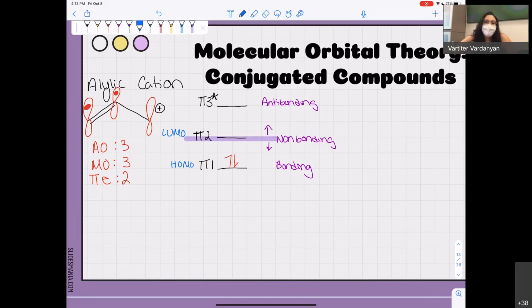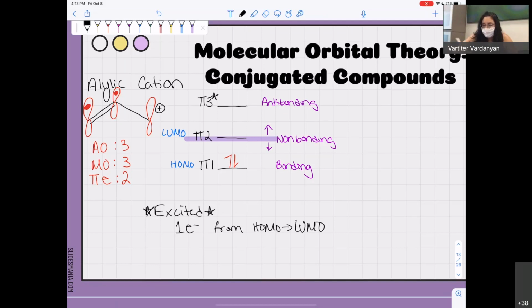So now if we were to put this in the excited state, all that would happen is we move 1 electron from HOMO to LUMO, which would take 1 electron from pi 1 to pi 2 in this case.